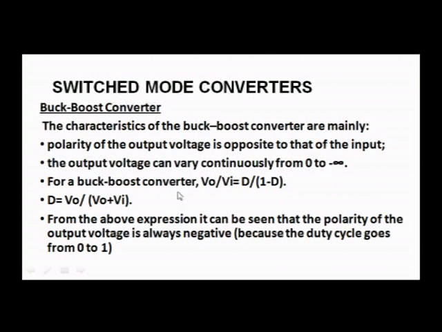For a buck boost converter, the ratio of V0 by Vi is D divided by 1 minus D, where D is V0 divided by V0 plus Vi. From this expression, you can clearly see the polarity is always negative.